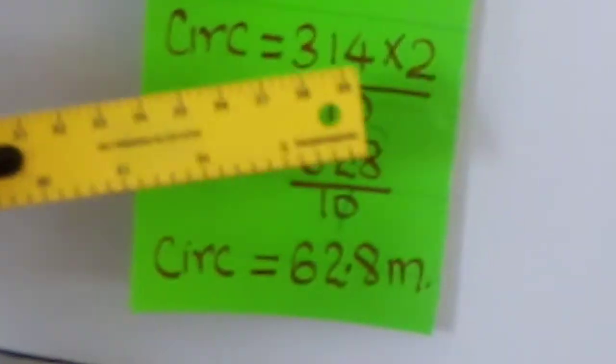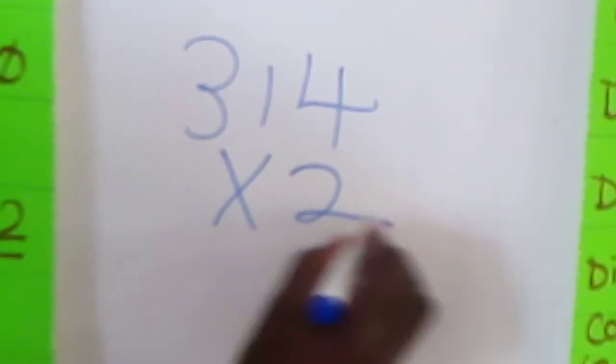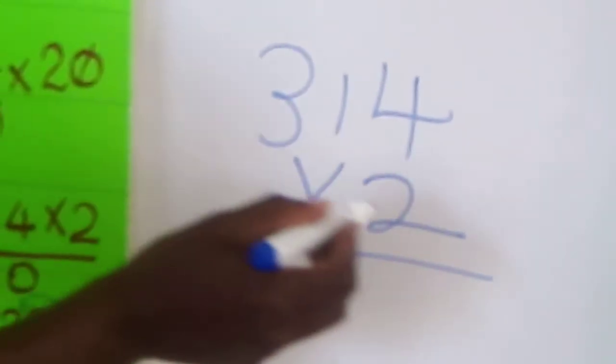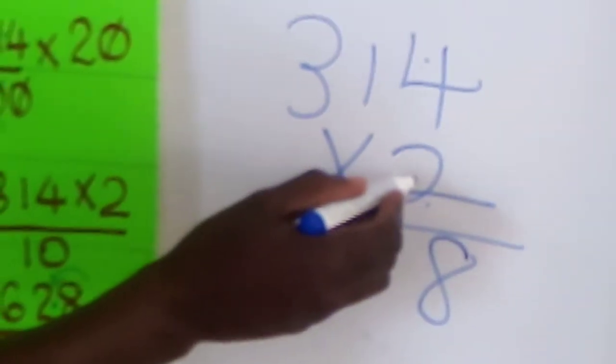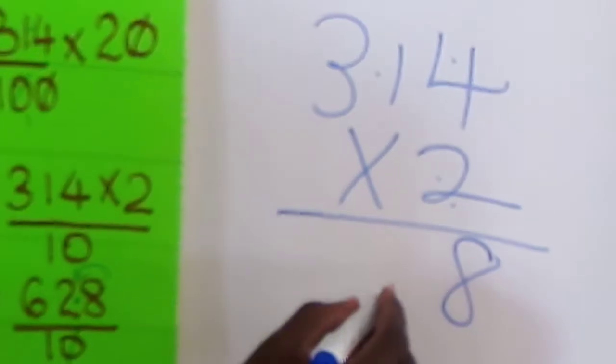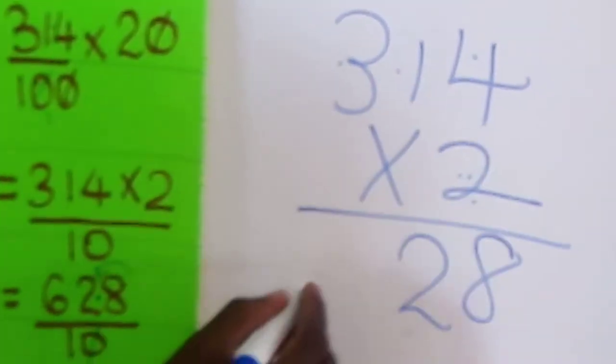So 314 multiplied by 2, here at our rough place: 2 times 4 is 8, 2 times 1 is 2, and 2 times 3 is 6.